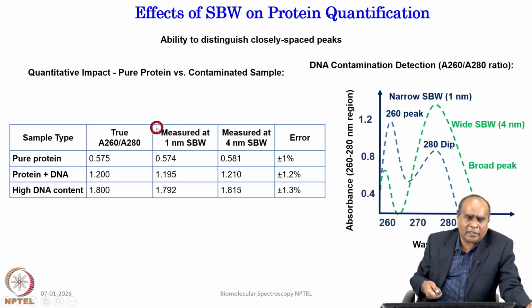So, measured at 1 nanometer of bandwidth, these values are here. Here is the true value, and this is measured with 1 nanometer, and if you are measuring with 4 nanometer of bandwidth, you see some error has been introduced, about 1 to 1.5%.